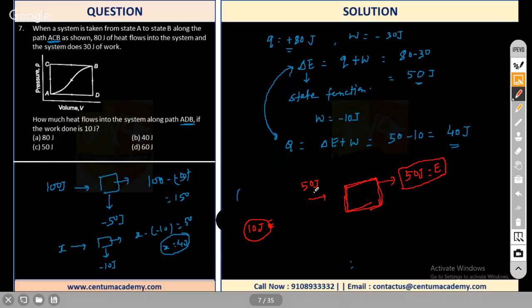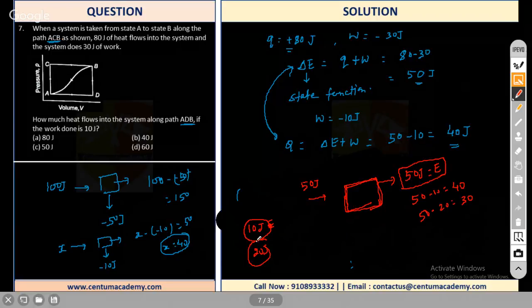So the internal energy of the system will be 50 minus 10, that will be 40. Correct? If 20 joule of work done is there, then again with the heat that you are providing, the system is doing work, so 50 minus 20 is equal to 30 only, right?